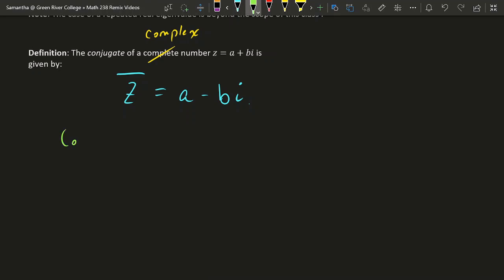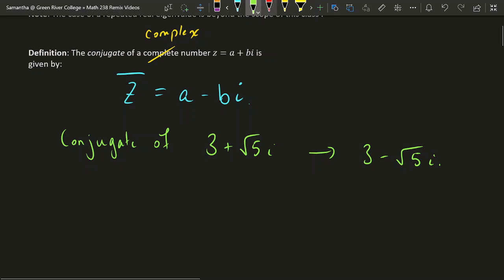So, for example, the conjugate of 3 plus root 5i would be equal to the number 3 minus root 5i. The conjugate of the number 7i, which has a hidden real part of 0, would be the number negative 7i.